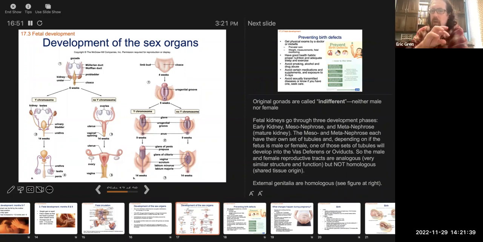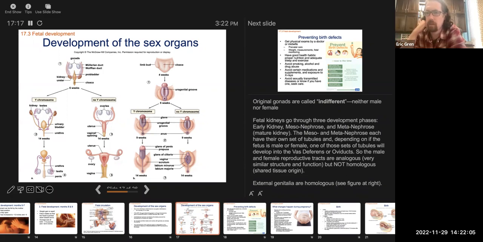We have an early kidney, which gets replaced by what's called a mesonephros. Nephros means kidney, so basically an early kidney, a middle kidney, and then a metanephros, or late kidney.